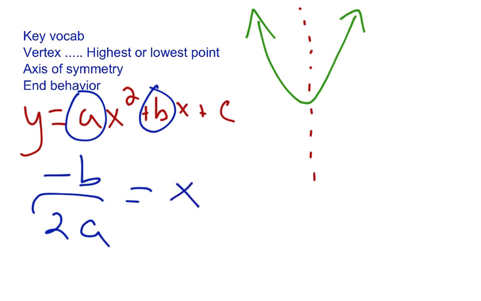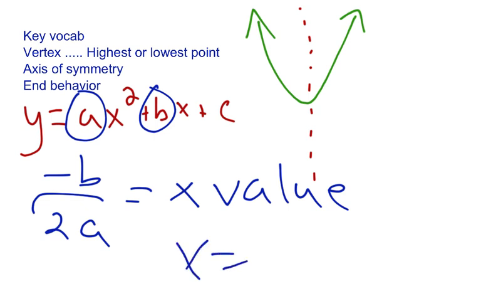That's only the x value though, not the y value. To get the y value, you have to take this value and plug it back in, and that will give you the vertex. Now the axis of symmetry is simply whatever x equals the vertex's x value. That's a vertical line, so x equals that value is your axis of symmetry.